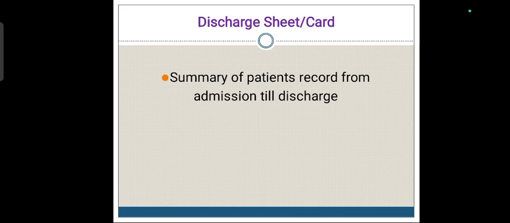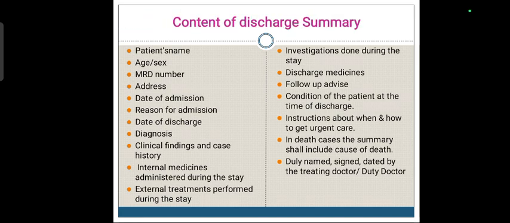So coming to discharge sheet or summary, it is one of the most important documents. It is the summary of patient's record from admission till discharge. So this is the content of discharge summary.